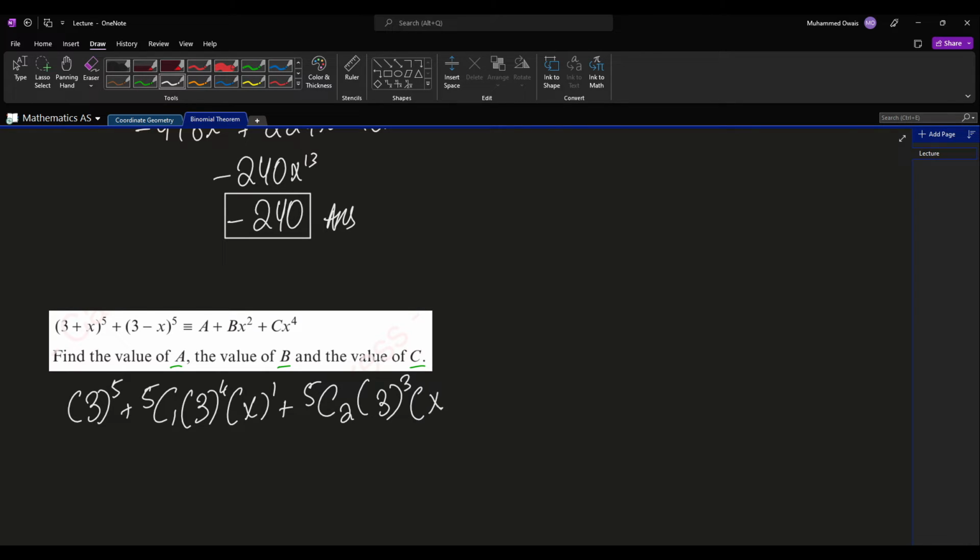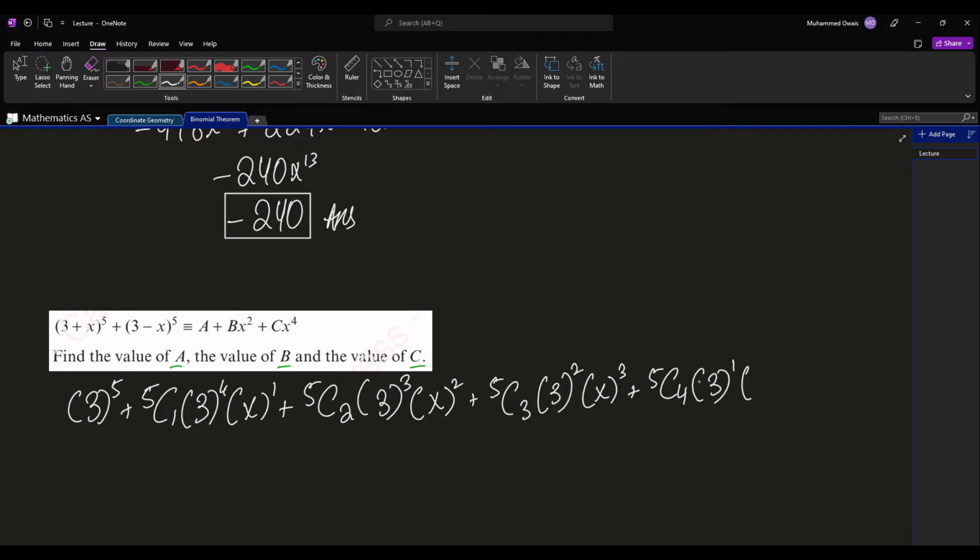B is x squared, plus 5c3 into 3 power 5 minus 3, which gives me 2, and then b, which is x, and its power is 3, plus 5c4 into 3, 5 minus 4, 1.